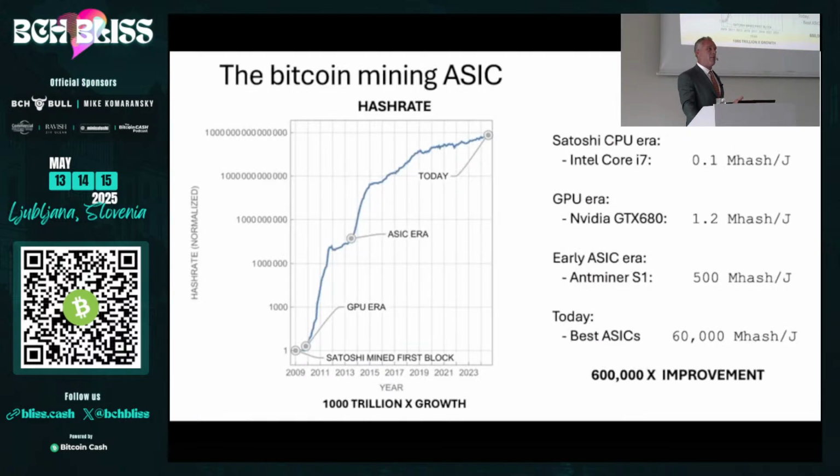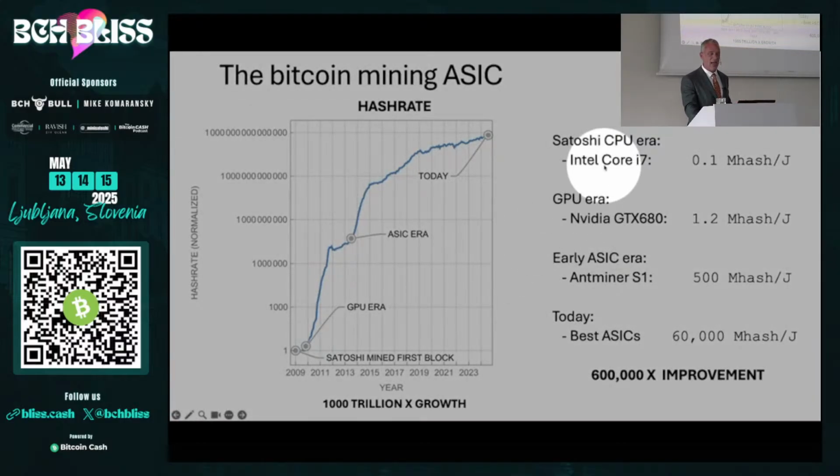People hear something like a 250,000 times improvement, and they think that's crazy. That doesn't make sense. But this has already played out in Bitcoin mining. For instance, when Satoshi released the original Bitcoin client, it had a CPU miner, and it could do about 100,000 hashes for every joule of electrical energy.